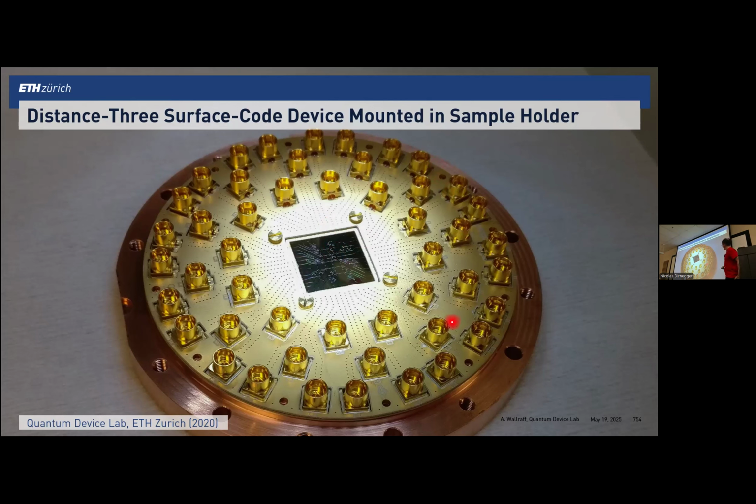So I think this week I saw an interesting comment somewhere, somebody posted this picture on, I don't know, LinkedIn or X or something like that, and said, hey, this looks almost like this thing that these guys did 20 years ago at Yale, and this is not that wrong.